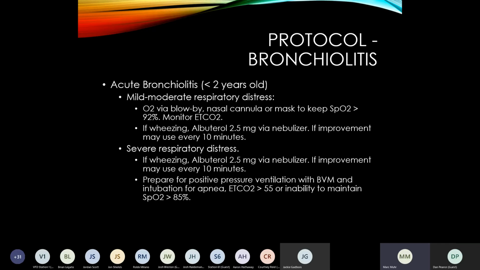If improvement, you can use that every 2 minutes, or continuous if severe. Prepare for positive pressure assistance with a bag valve mask, and intubation if they're apneic, if their end tidal CO2 is greater than 55 or inability to maintain an SpO2 of 85%. So if they're hypercapnic, hypoxic, you may have to intubate these kids.